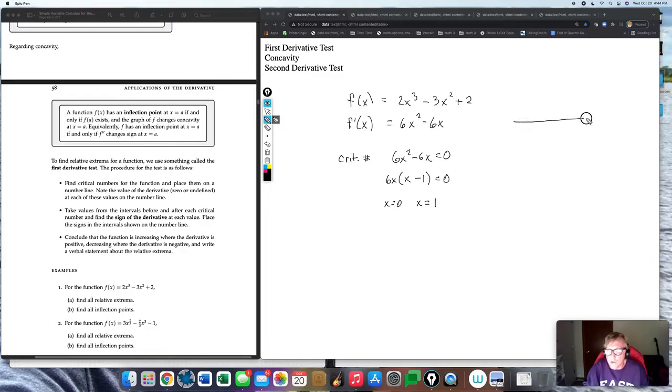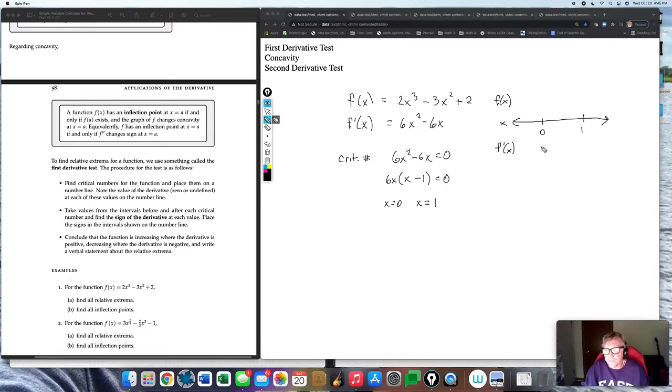So what we'd like to do, now we're working good, is put these critical numbers on a number line, okay? And we're going to keep track of two things. We're going to keep track of the derivative values at intervals before and after these, and we're going to make a conclusion about function behavior, okay?